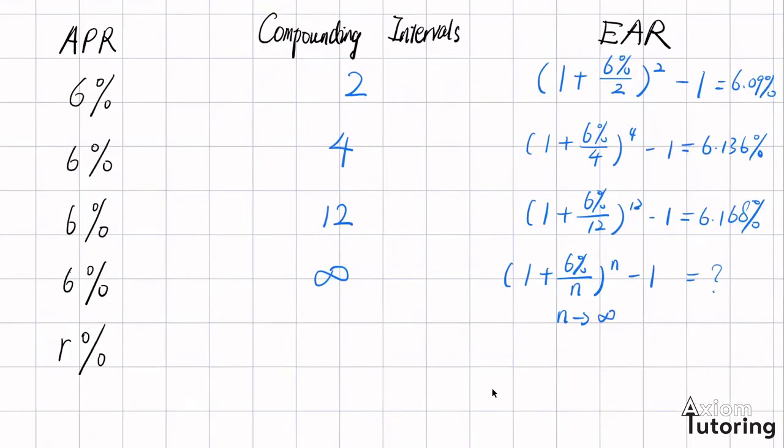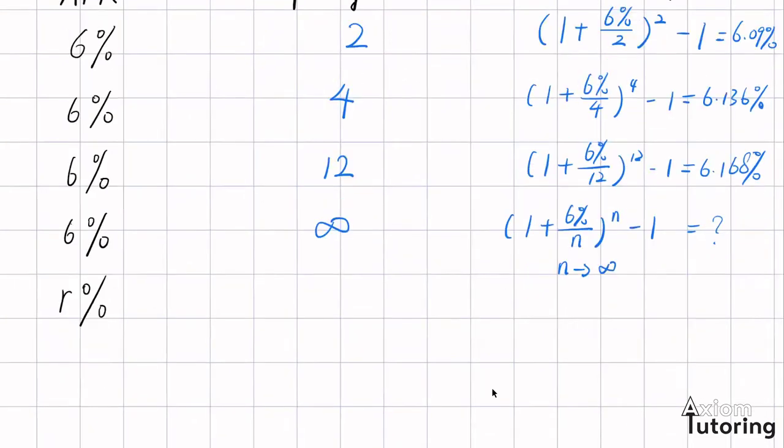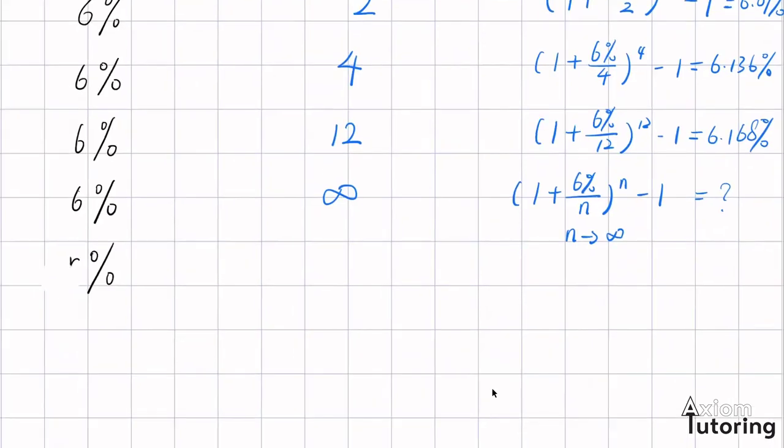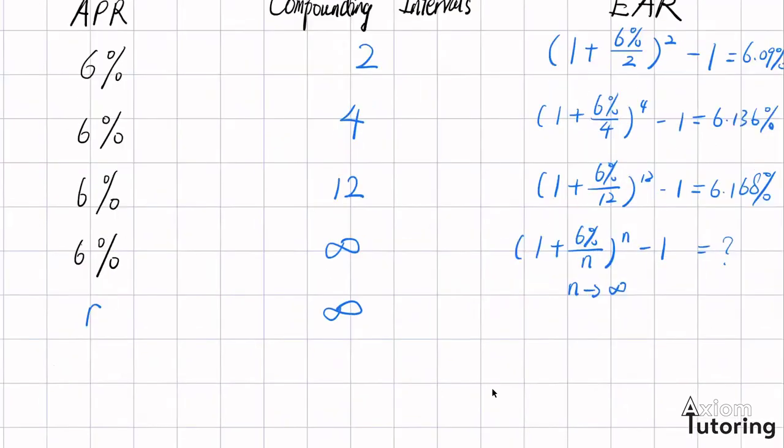We can generalize this and try to prove it by not just using 6%. We can use any percentage, let's say R. So what if we have R as our APR, our annual percentage rate, and we are continuously compounding? How do we calculate the effective annual rate?